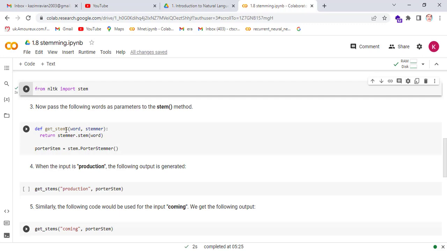Define a function get_stems and pass two parameters, word and stemmer. Word is our word which needs to be converted into its base form, and stemmer is the algorithm which has to stem the word into its base form.